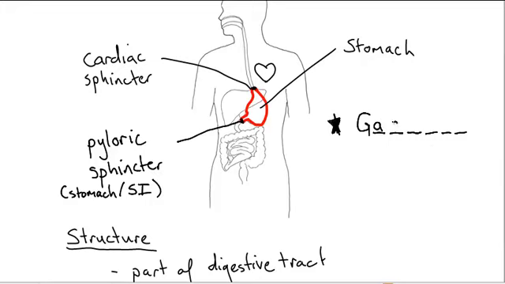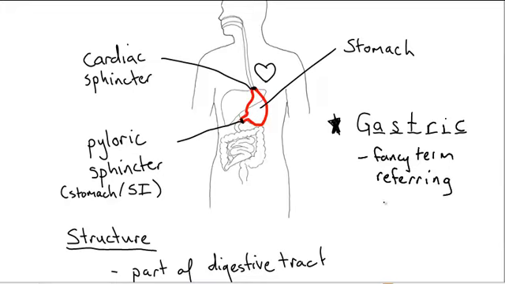A, S. You guessed it yet? Gastric. Okay. Is a fancy term referring to the stomach. So you might have gastric ulcers, you might have a gastric upset, you might have gastric juices. It all is referring to the stomach.